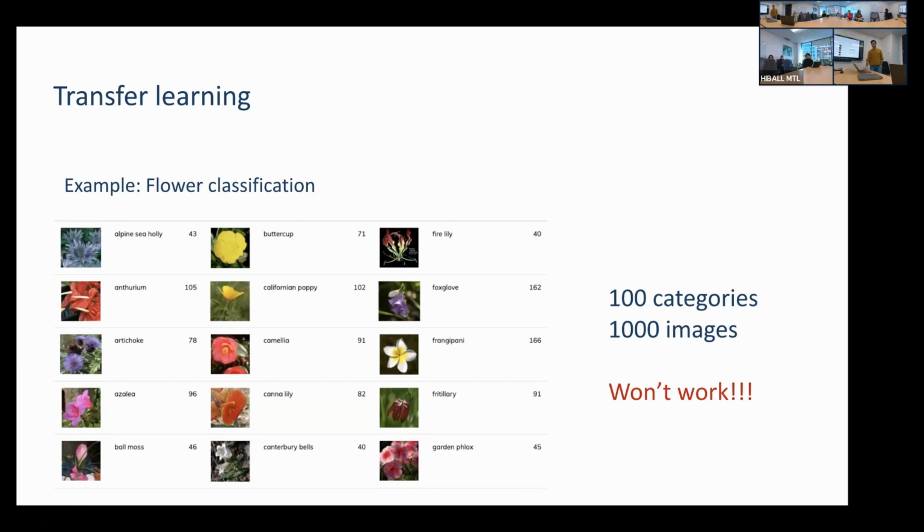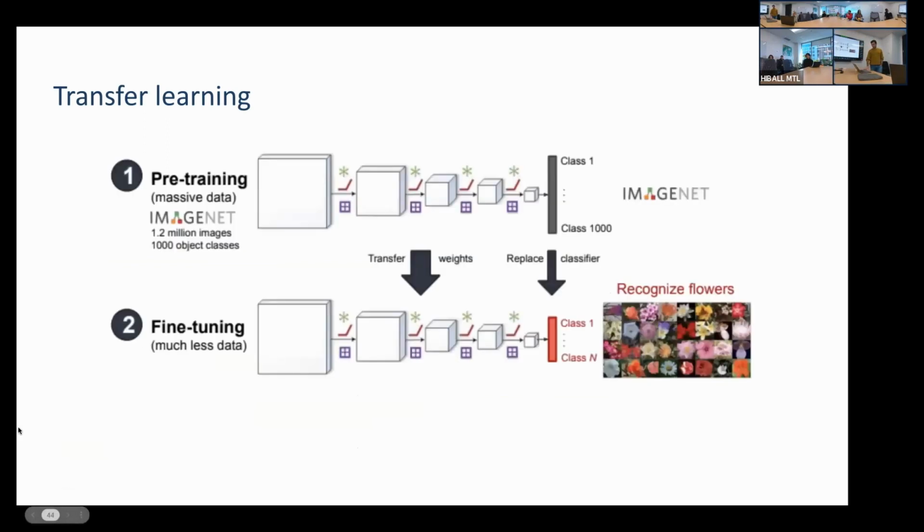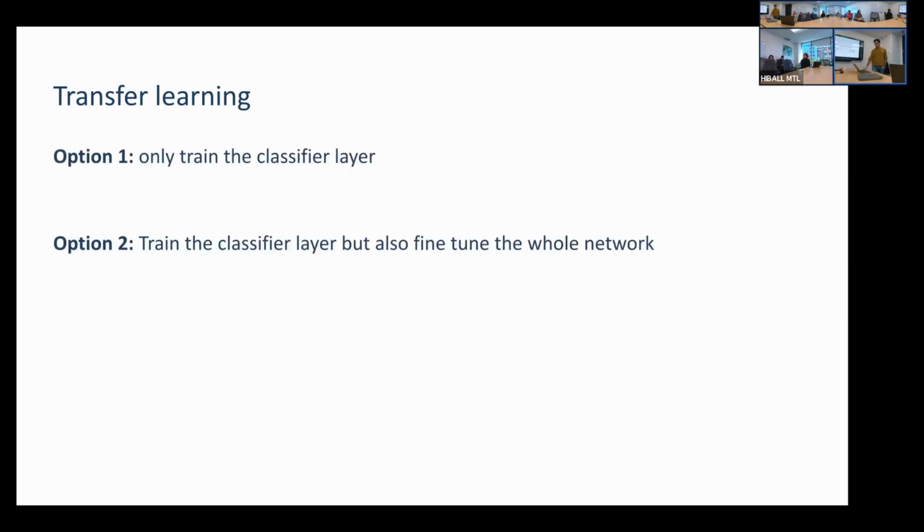So we do something called transfer learning. For transfer learning, we take a model that is already pre-trained on a very large data set, like ImageNet. And what we do then is fine-tune or change this network so it fits our data set or task of interest. This is called transfer learning. There are two approaches to do transfer learning.